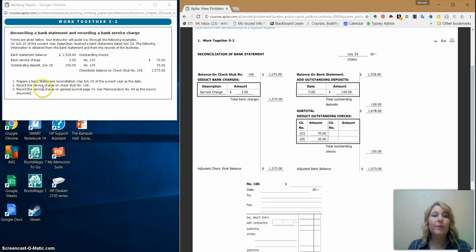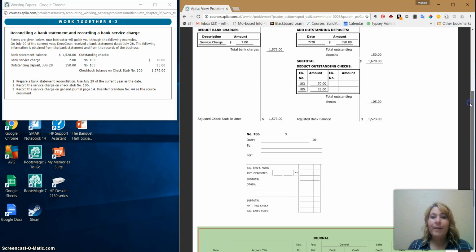Okay, looking at step number 2, it says record the service charge on check stub 106. So the bank charged us $2. We have to somewhere keep track of that, so we need to deduct that from what we have shown. So this one doesn't have the balance, so we're going to go ahead and put that on there. The check stub balance on 106 set up here was 1,575.